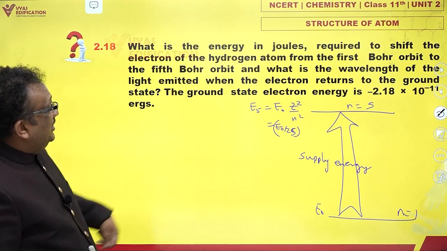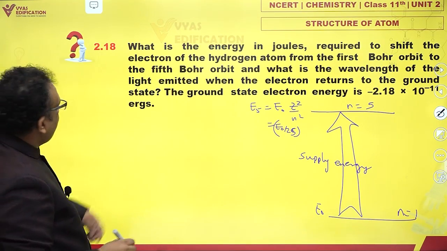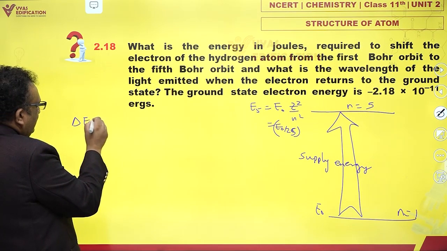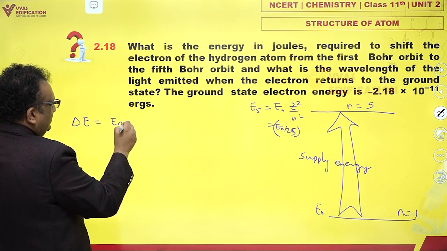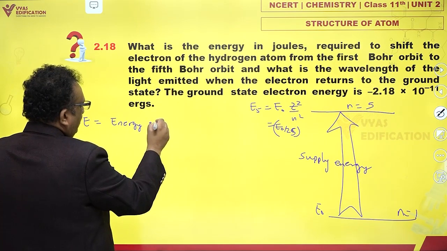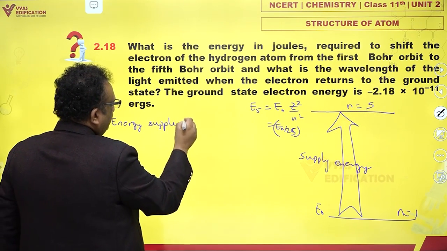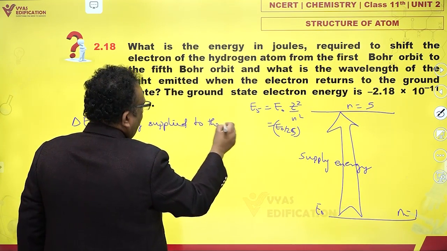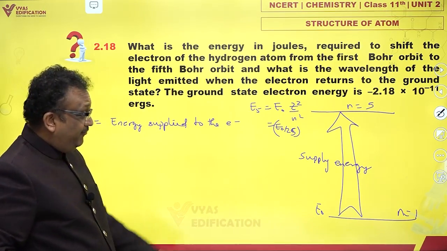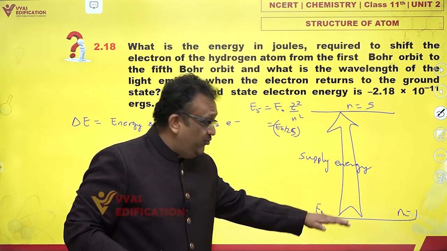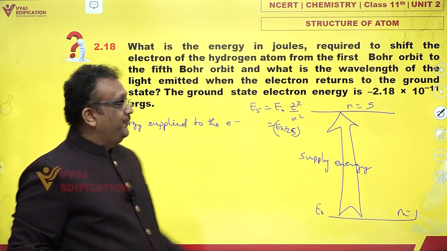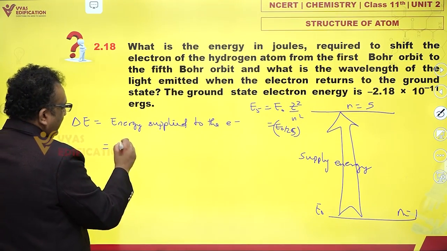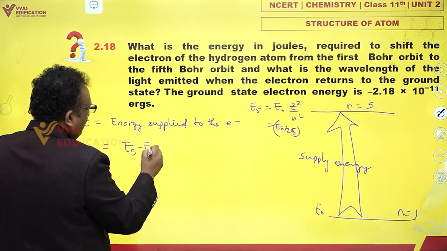So the difference in energy, delta E, is equal to energy supplied to the electron. In which process? In the process of moving it from 1 to 5. And that would be E5 minus E naught.